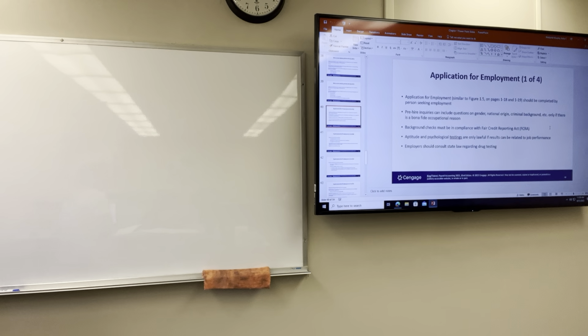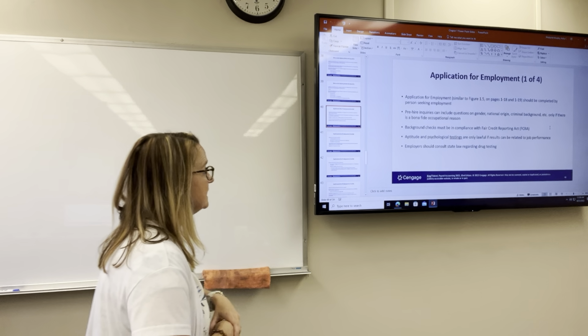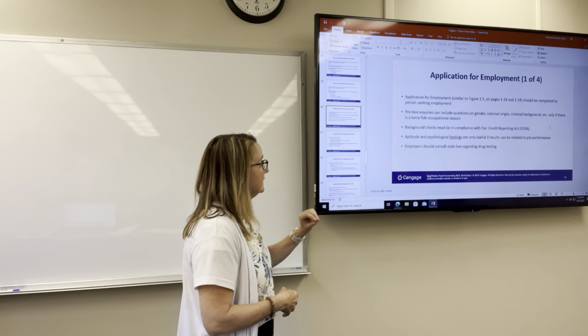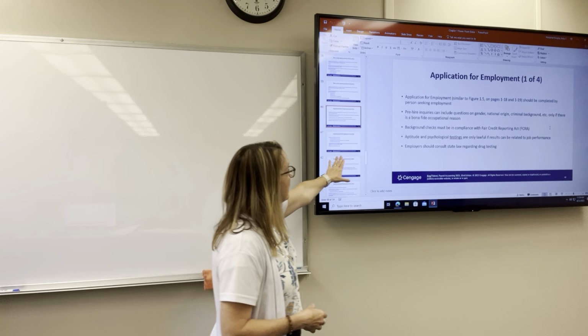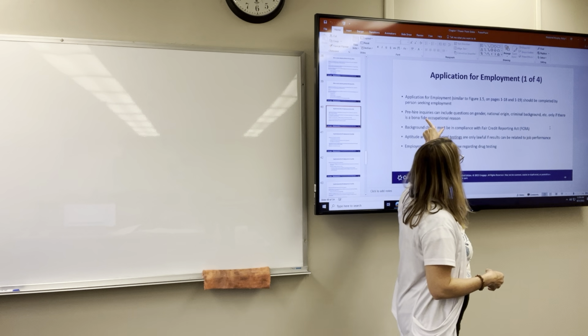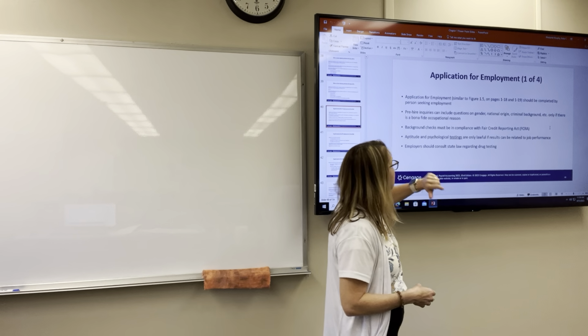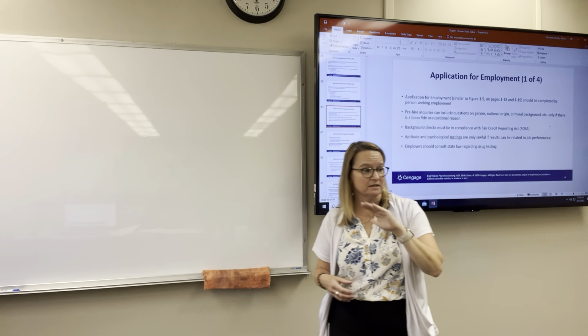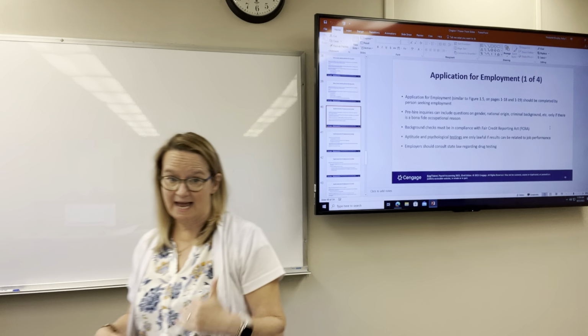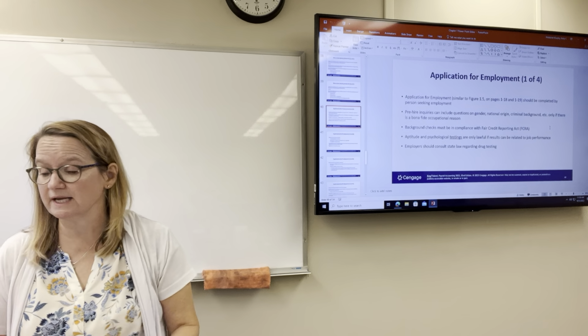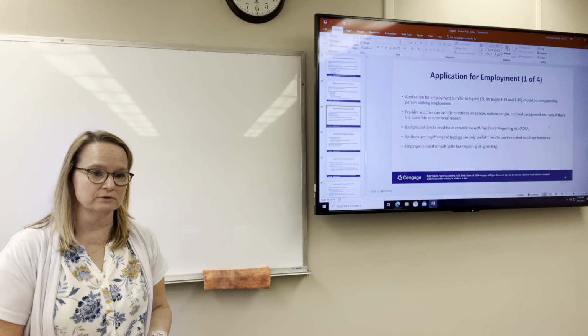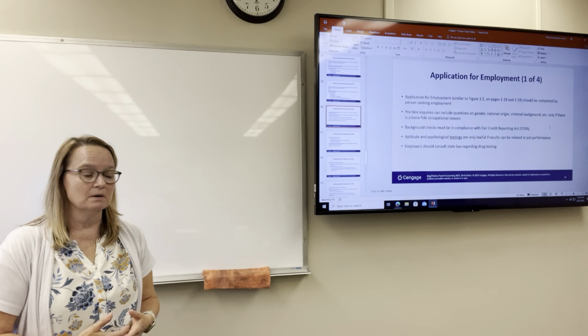And of course, the Human Resources Department has to be up to date on everything that can and cannot be asked. So pre-hire inquiries, you can ask about gender, national origin, criminal background, but only if there is a bona fide occupational reason to ask that question. Only if it pertains to performing those job duties, right?